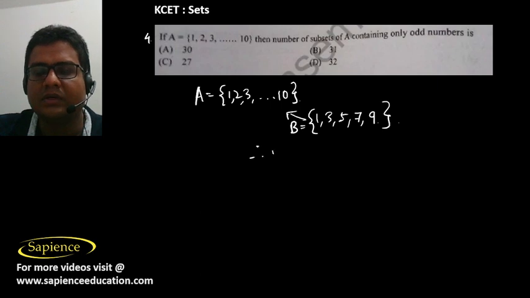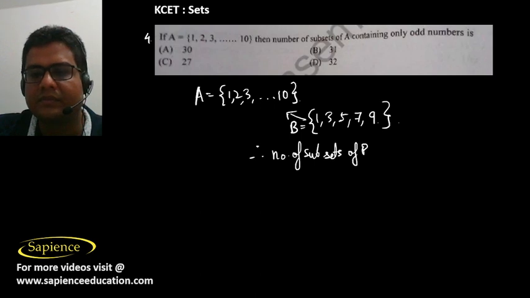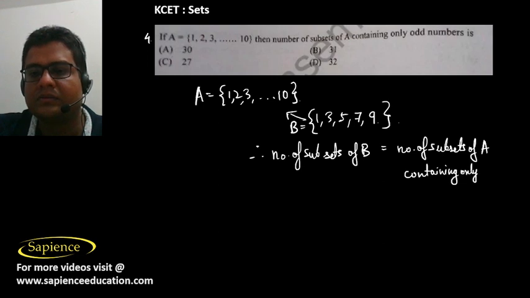So the number of subsets of B will be equal to the number of subsets of A containing only odd numbers, but we should not take the null set.